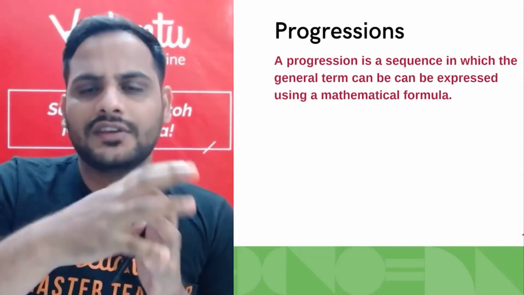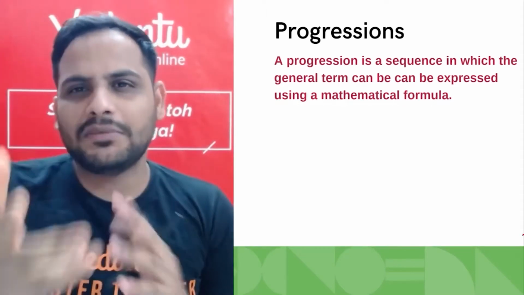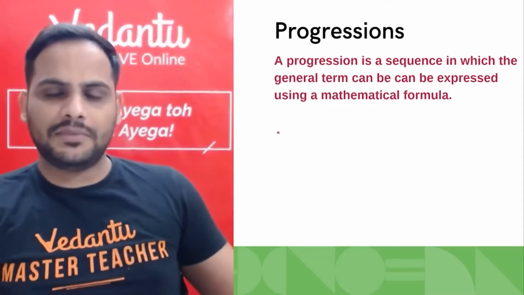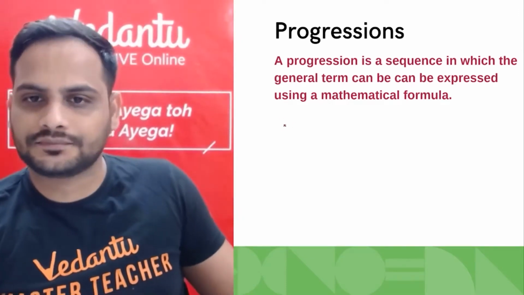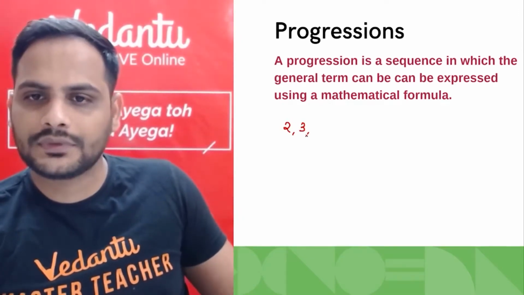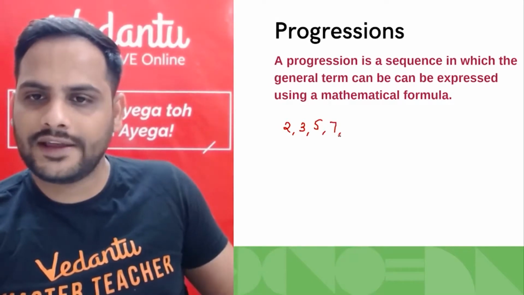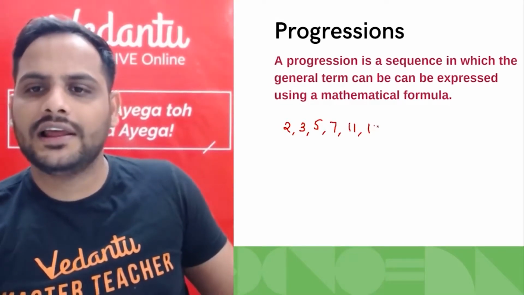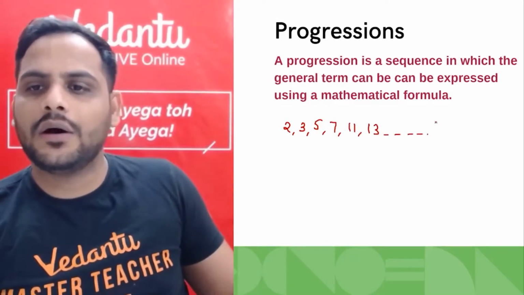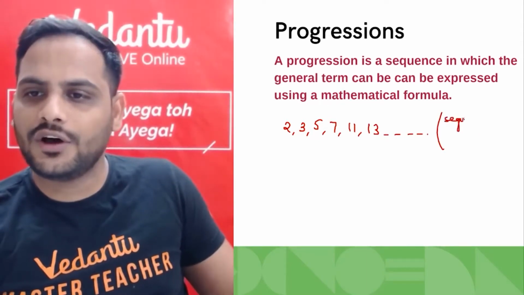Now for some sequences, getting a mathematical formula will be difficult. For example, let's say I write 2, 3, 5, 7, 11, 13 and so on.